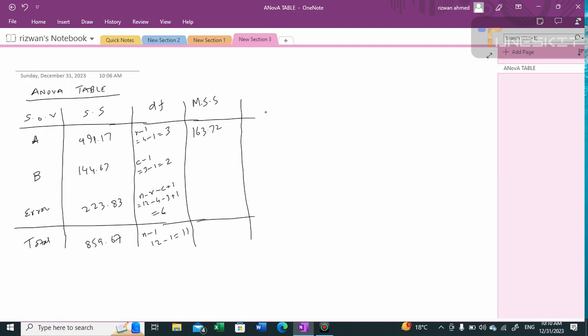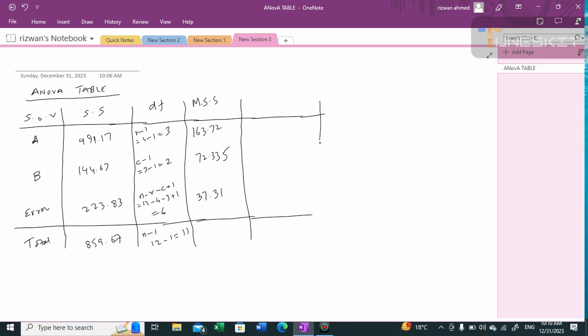Then for factor B, 144.67 should be divided by 2, gives us 72.335, and 223.83 divided by 6 gives us 37.305, that can be rounded up to 37.31.